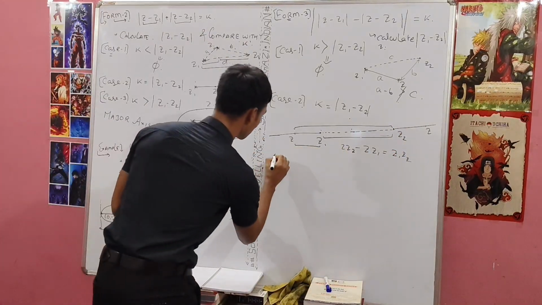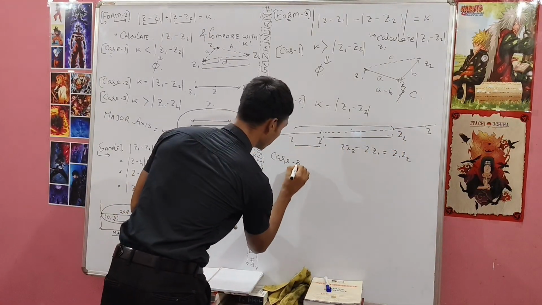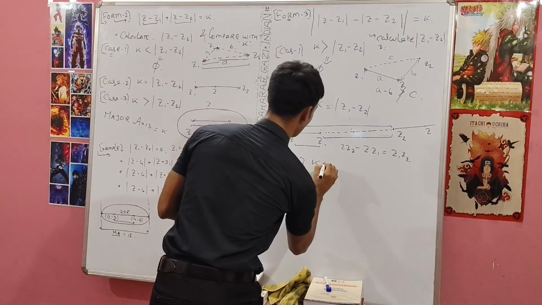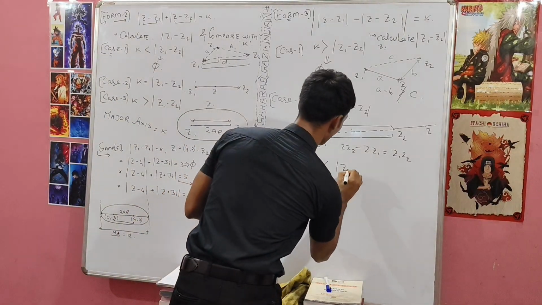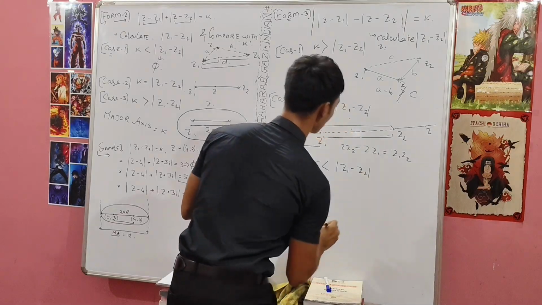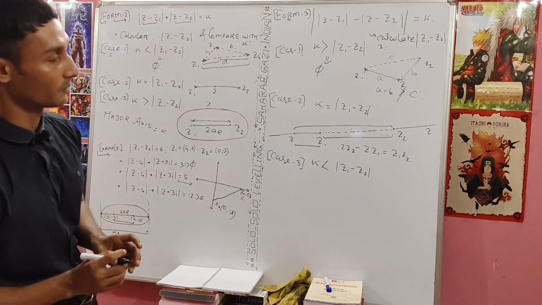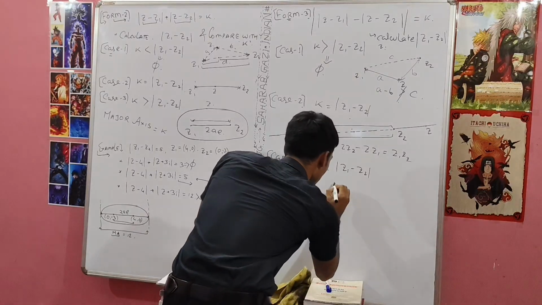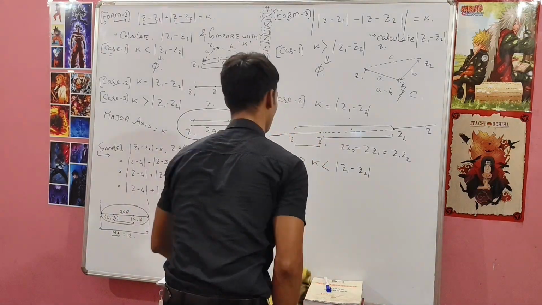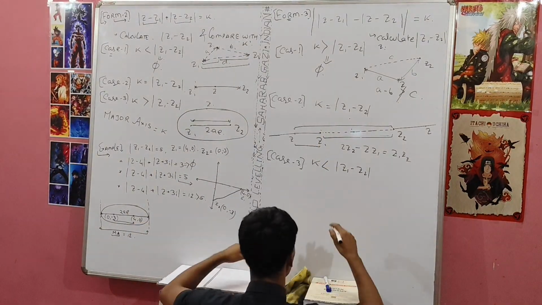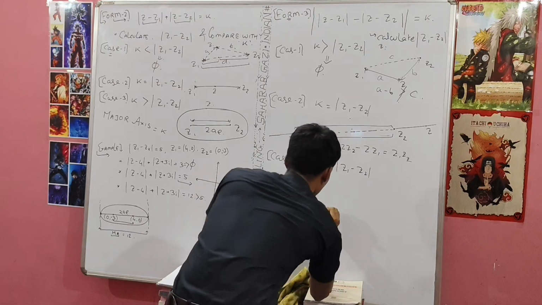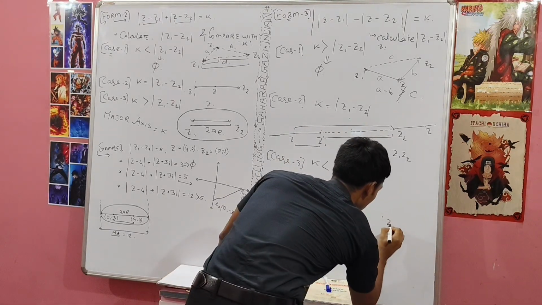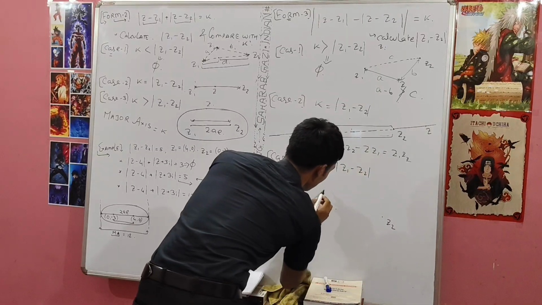Now case number 3, when k is less than mod of z1 minus z2, here you will get a hyperbola. This is z1, this is z2.